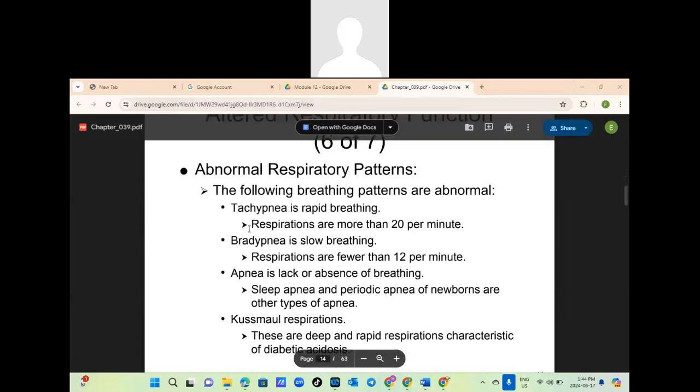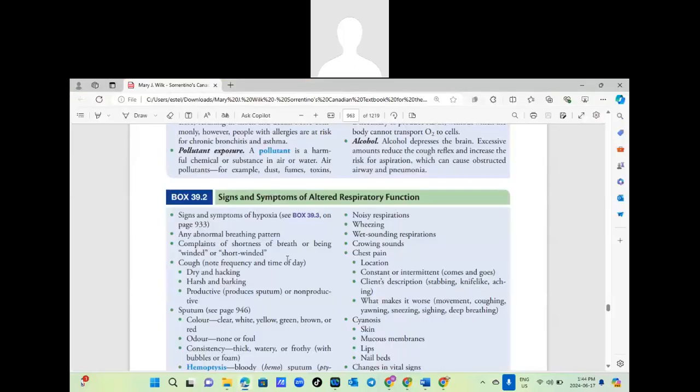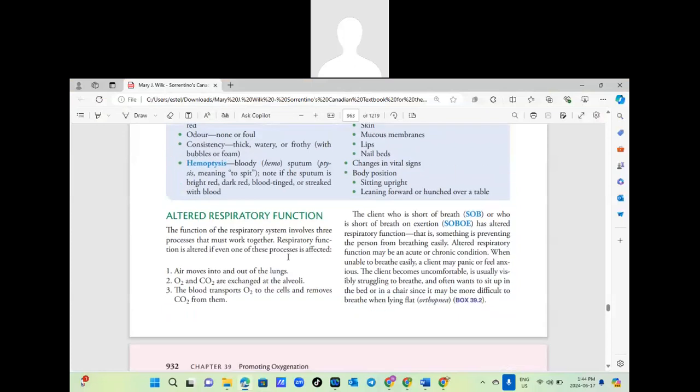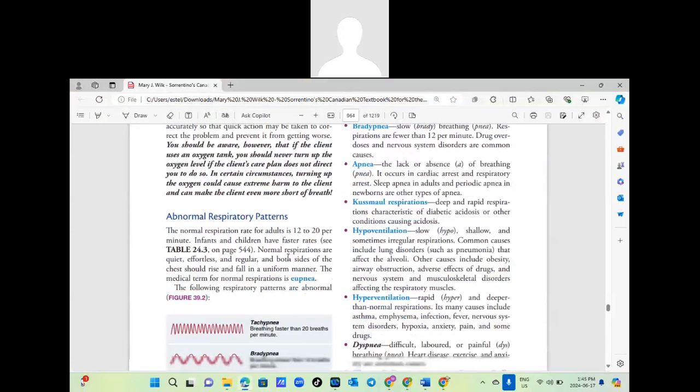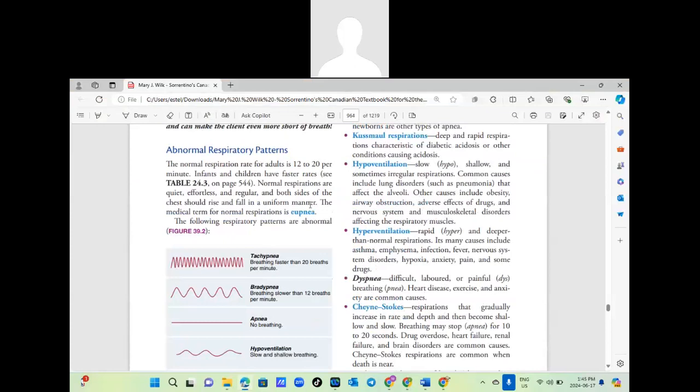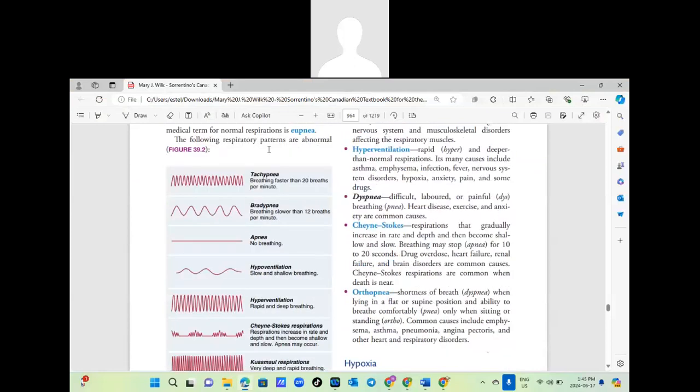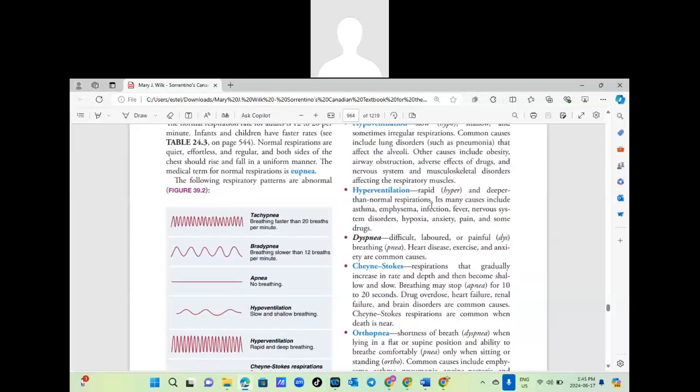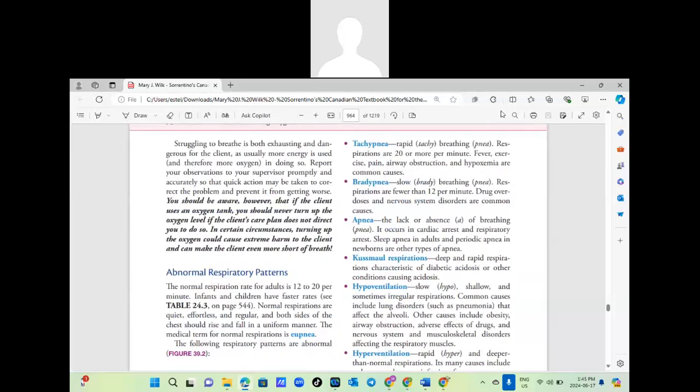All right, let me go through this one over here. It's a little more detailed. So the abnormal patterns. We have tachypnea, breathing faster than 20 breaths per minute. When the person has tachypnea, it's rapid.